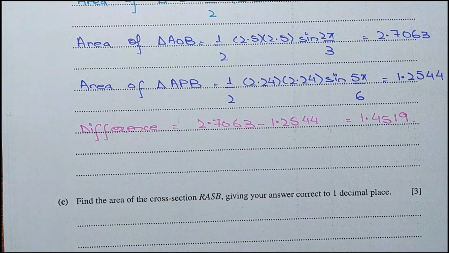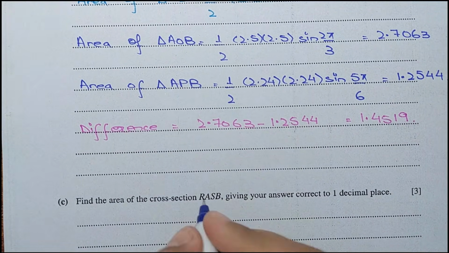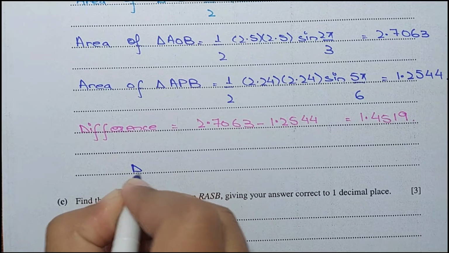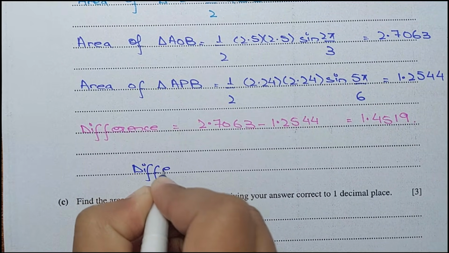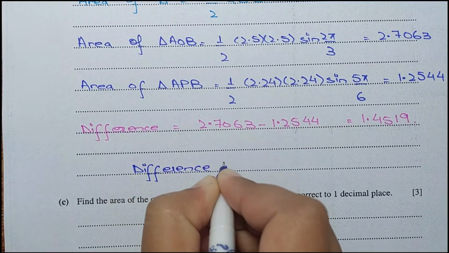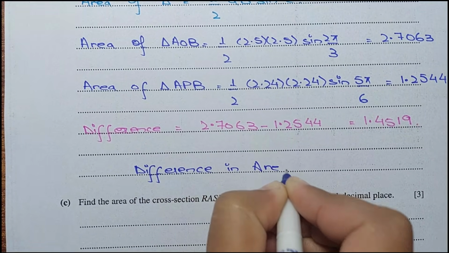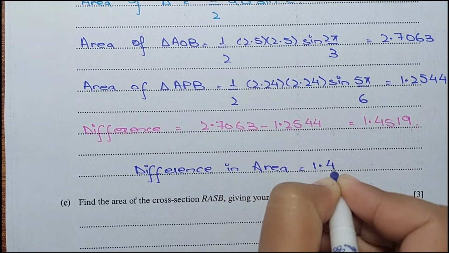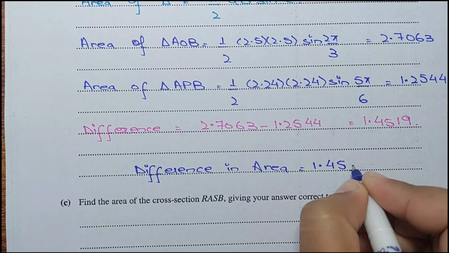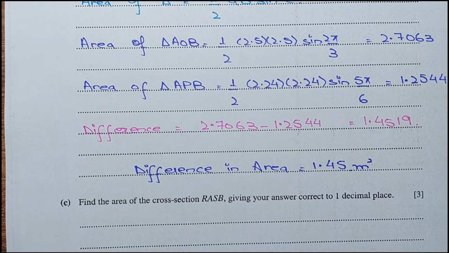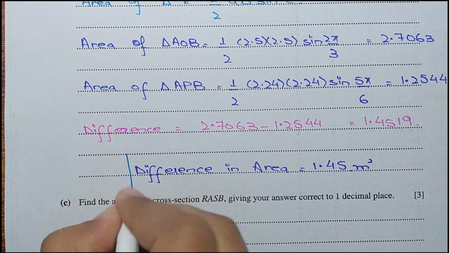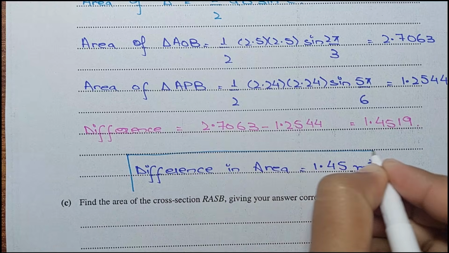We need to find the answer up to two decimal places, right? So we can say the difference in area is 1.45 up to two decimal places, in meters square. So that is the difference in areas of the two triangles.